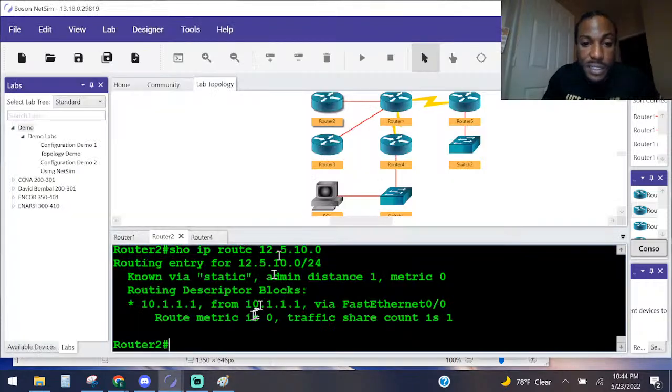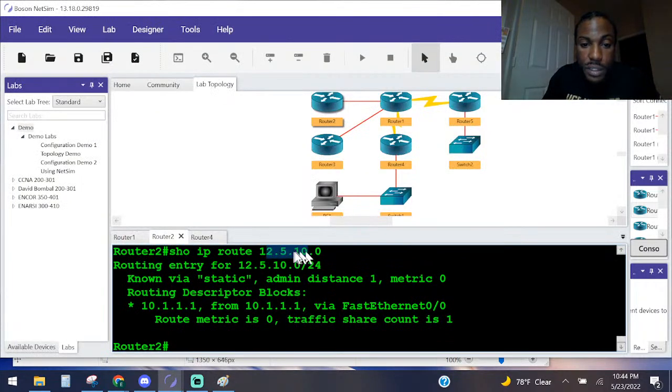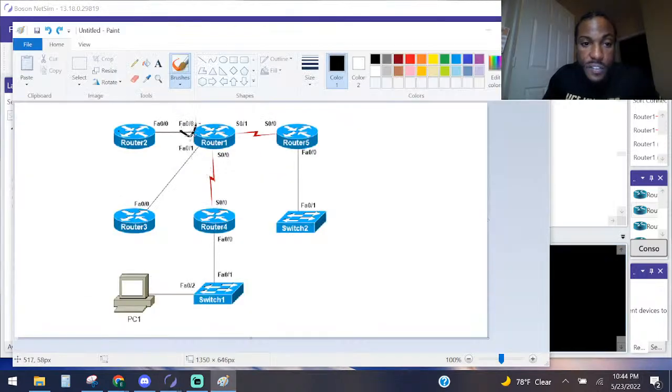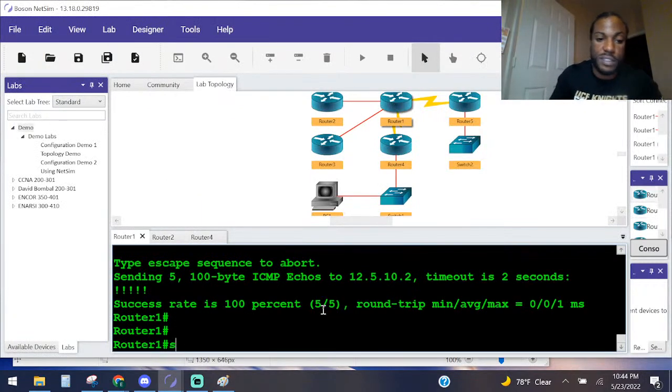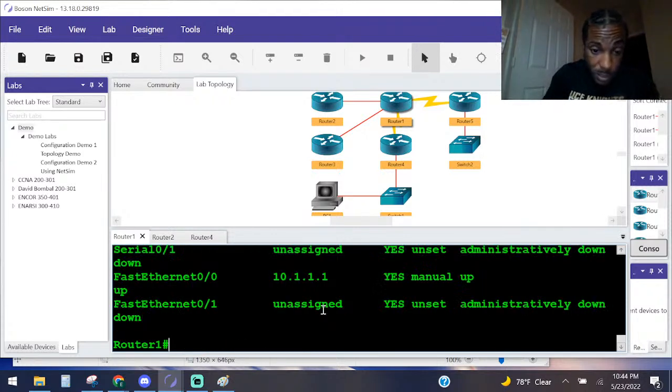That's what that's saying, right? See that 12.5.10.0 network? Take the next hop of 10.1.1.1, which is this interface right over here, right? Let me triple check that. The FA0/0 on router 1, right? Go to router 1. Show IP interface brief. And it should be 10.1.1.1, right? And that is the next hop, right? So we are good to go, man.